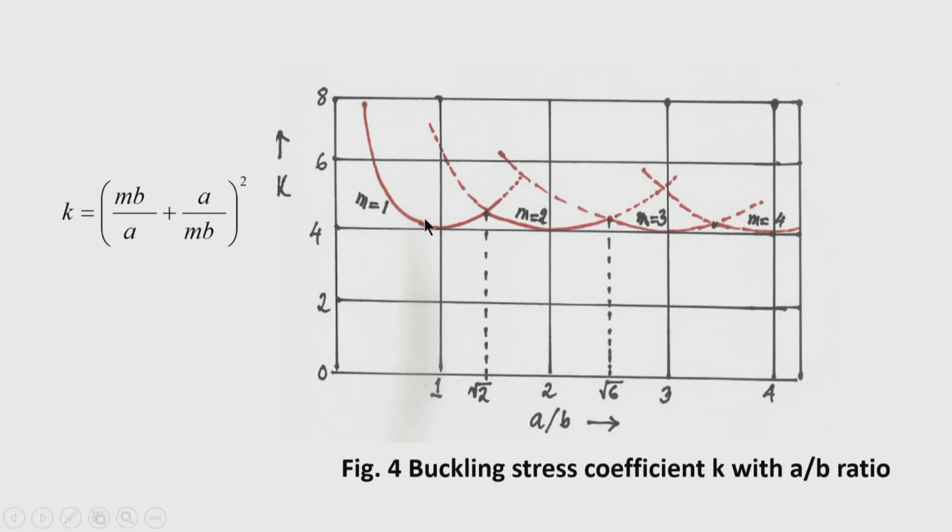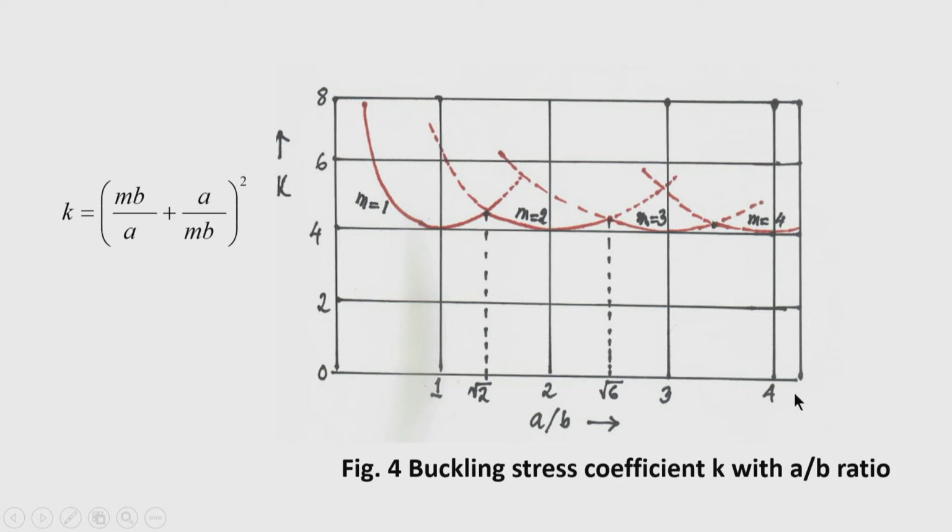Now, for m is equal to 2, if I plot k against a by b ratio, I will get a curve like that for m is equal to 2. This curve is plotted here by substituting m is equal to 2 and varying a by b ratio. So, a by b ratio we are varying here along the x axis, and we have gone up to higher values.